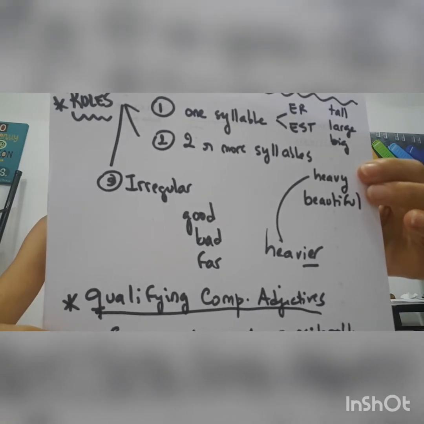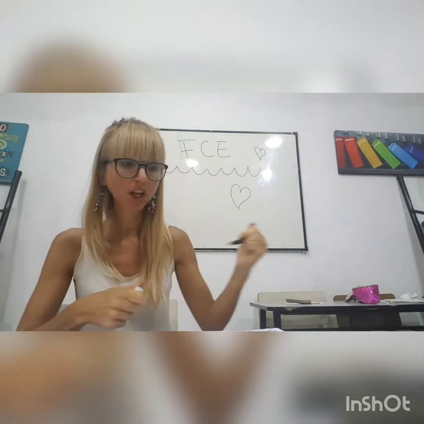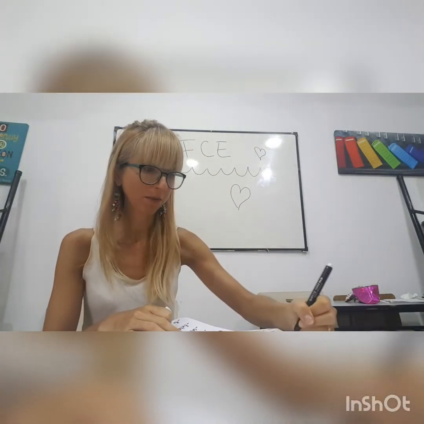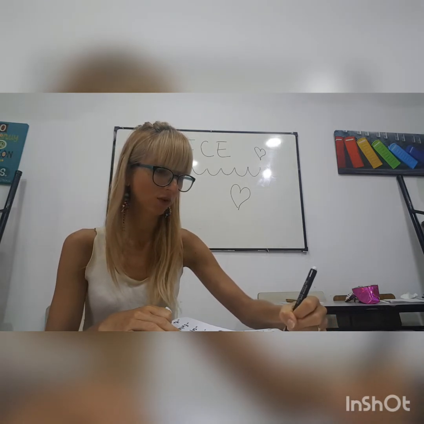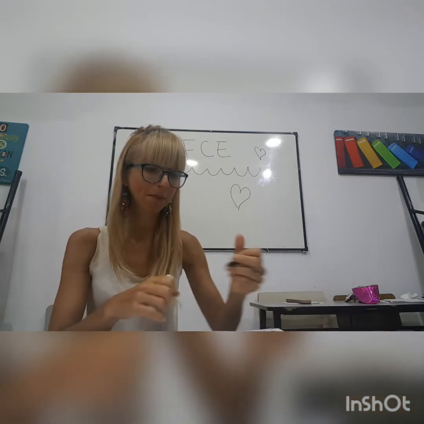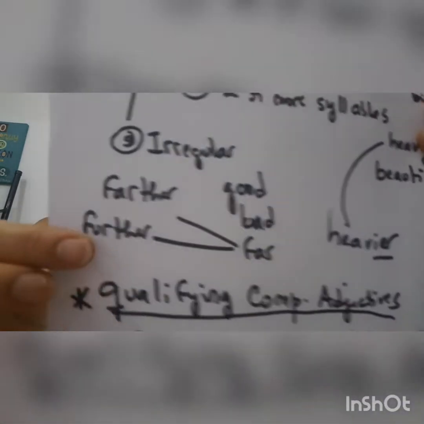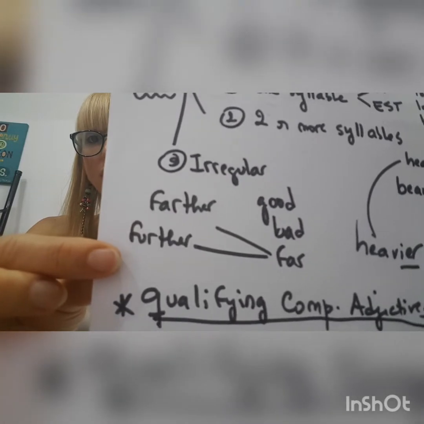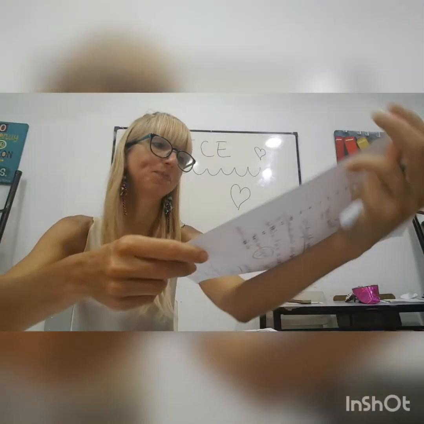And far has two possibilities. We can have farther or further. Remember that? Farther. I will write it down for you in case you don't remember. Farther and further. Okay? Good.